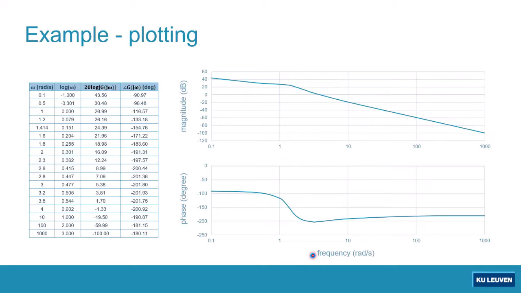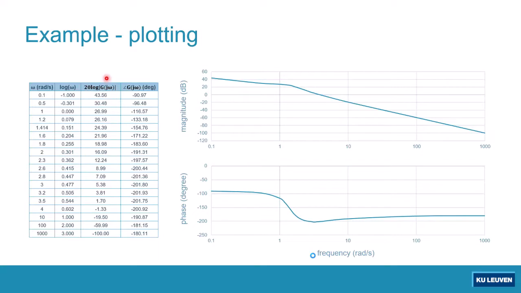Excel might be the easiest software that you can use. So what we have to do is list down all of the frequencies of interest for your horizontal axis, and calculate the logarithm of the frequency, because we are going to plot the magnitude and the angle as a function of frequency in logarithmic scale.